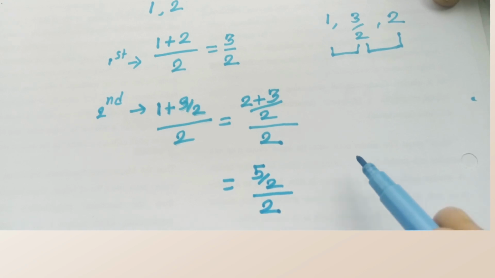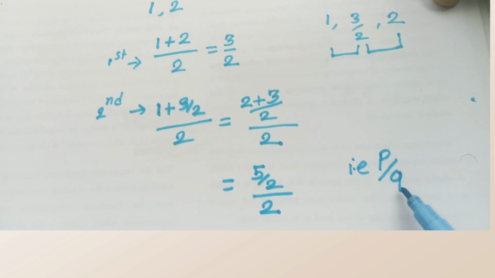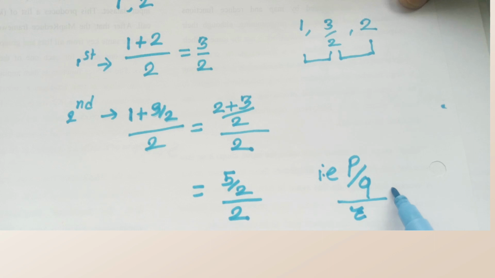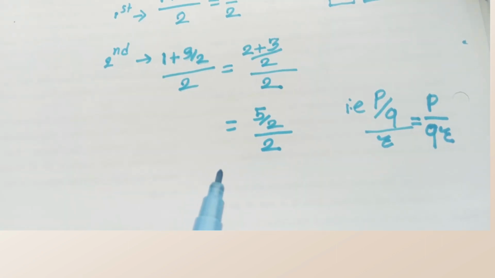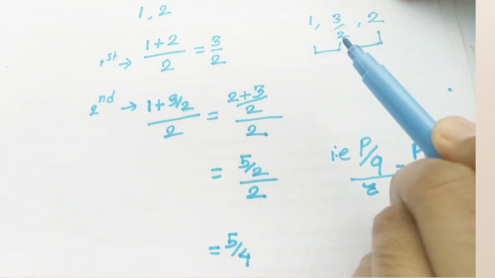Now use the formula: p by q whole divided by r is nothing but p by q into r. The whole denominator term is directly multiplied, so q into r. Using the same formula, we get 5 by 4, which is again in p by q form, that means it is a rational number, and it lies between 1 and 3 by 2.